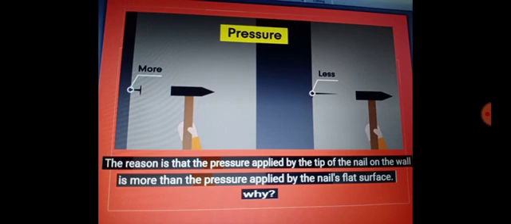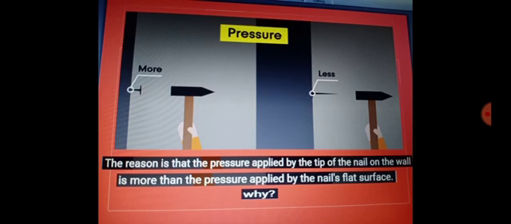So in the first picture we can see the pointed side is piercing the wall. That means smaller area, greater the pressure. The whole pressure is applied on a small area.